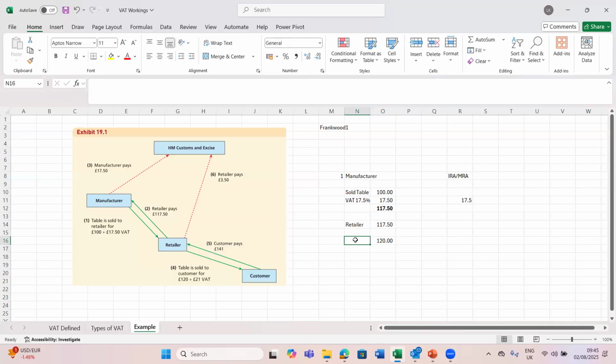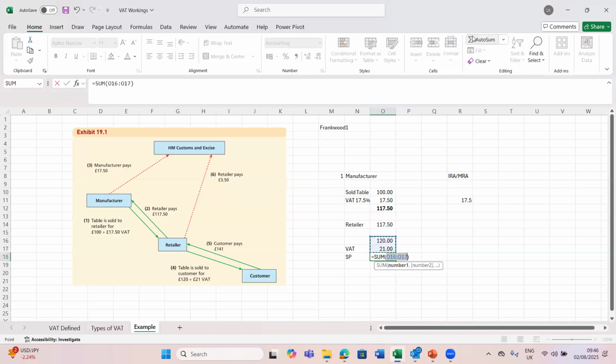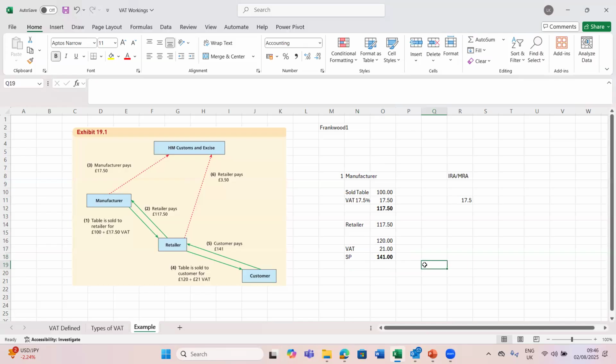And then on top of the 120, I'll charge VAT to my customers. So VAT at 17.5% will be 120 times 0.175. And the total selling price for this retailer will be, if I add, 141 pounds.